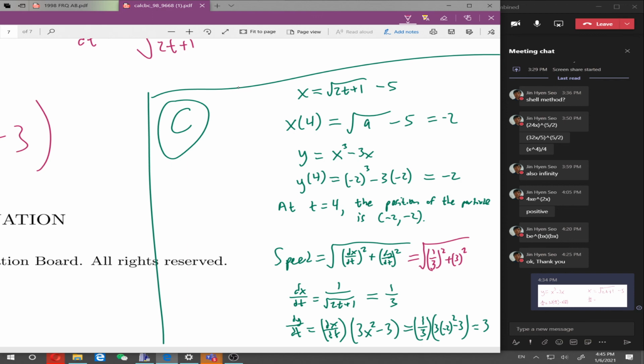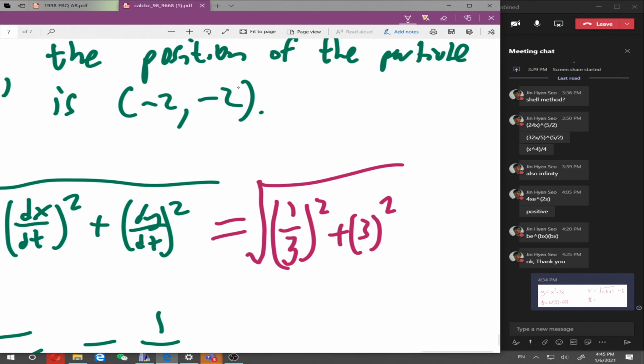So this is the square root of 1/9 plus 9. What is 1/9 plus 9 if I want to write this as a fraction inside? 82 over 9, underneath the square root.